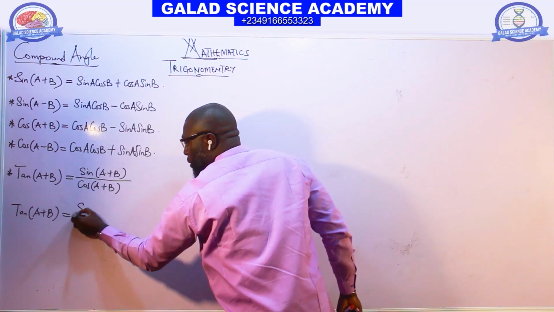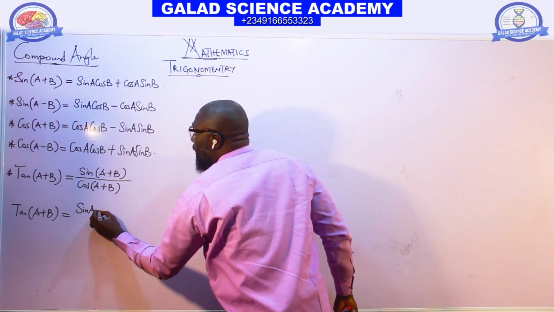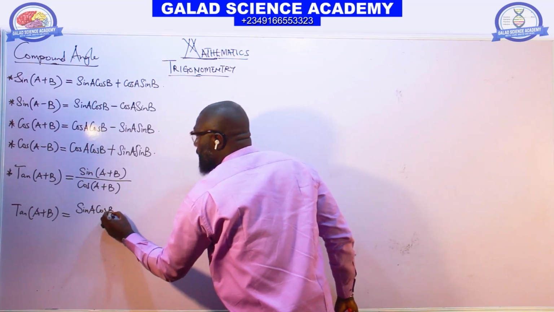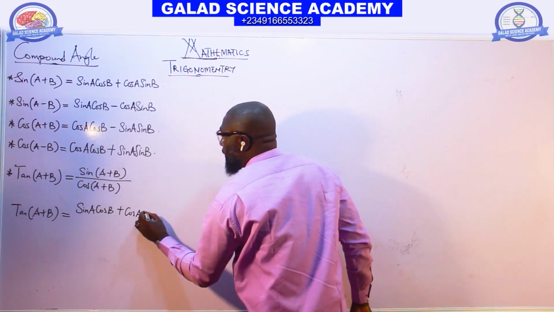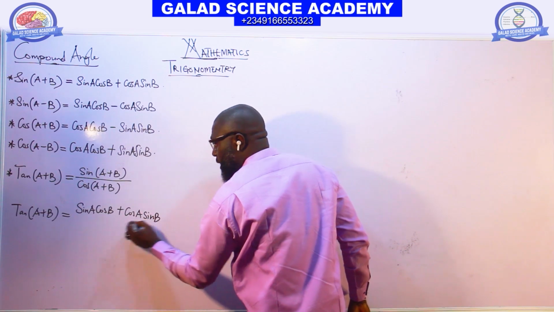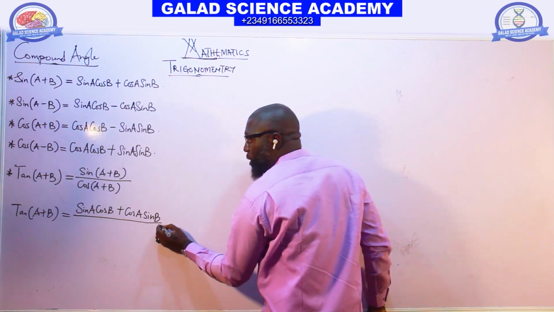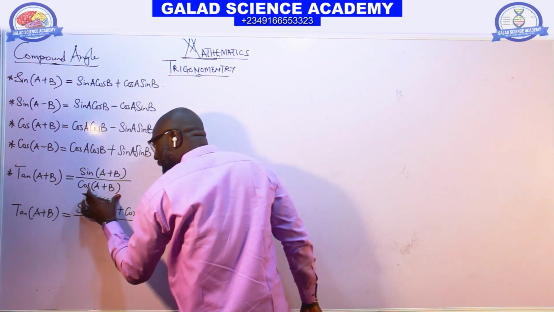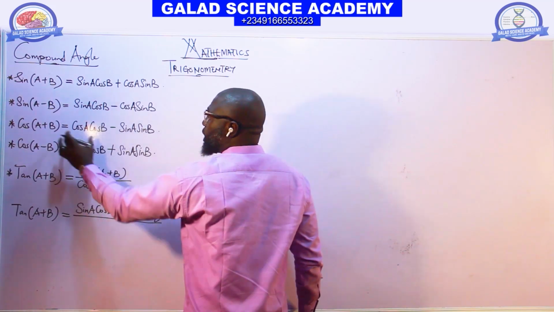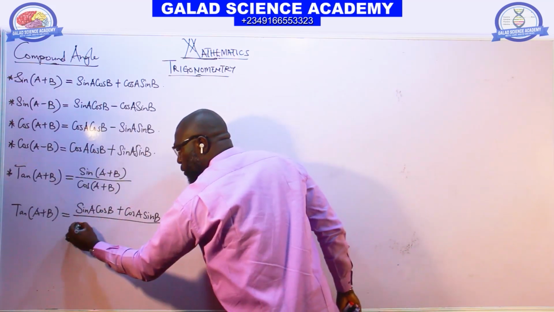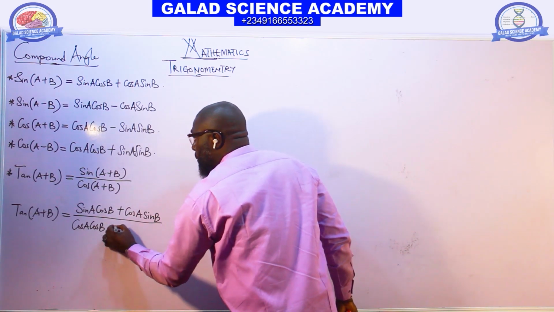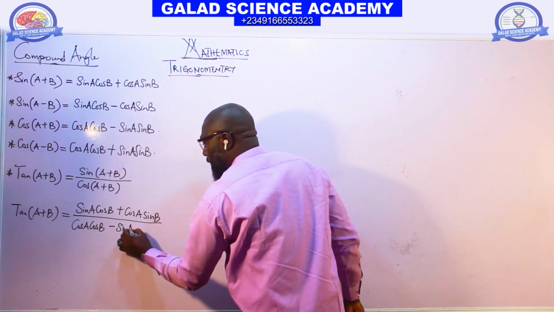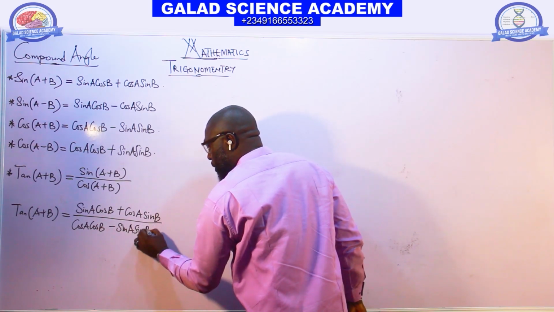Sine A cos B plus cos A sine B, everything over cos A plus B. Cos A plus B is cos A cos B minus sine A sine B.